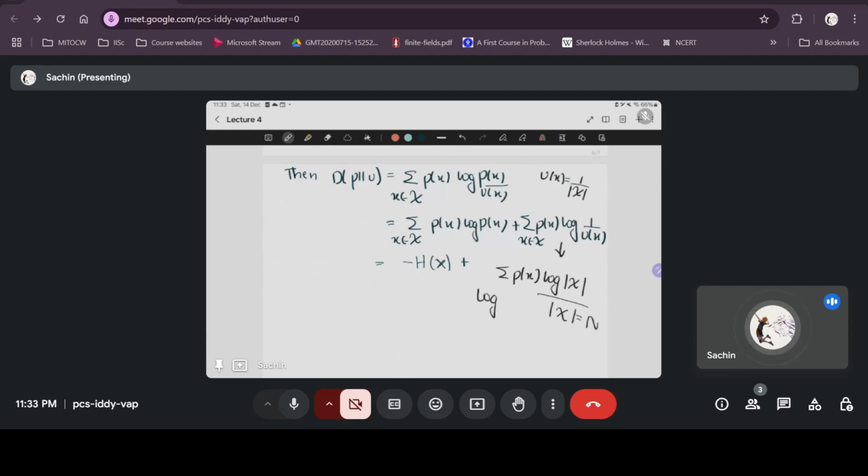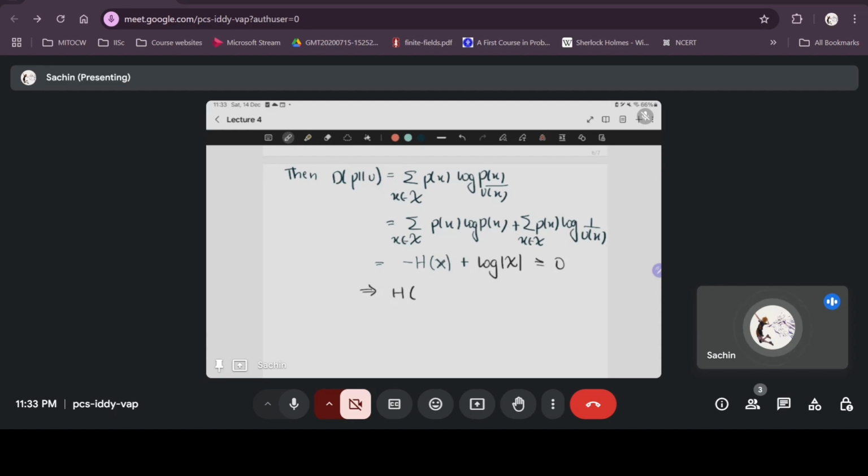So if this is equal to n, this is p of x log n, and the summation is over all values of x. So this is a constant. You take that outside and write that as log n times summation of p of x. So this becomes log cardinality of x minus h of x, and from the information inequality, this is greater than or equal to 0.